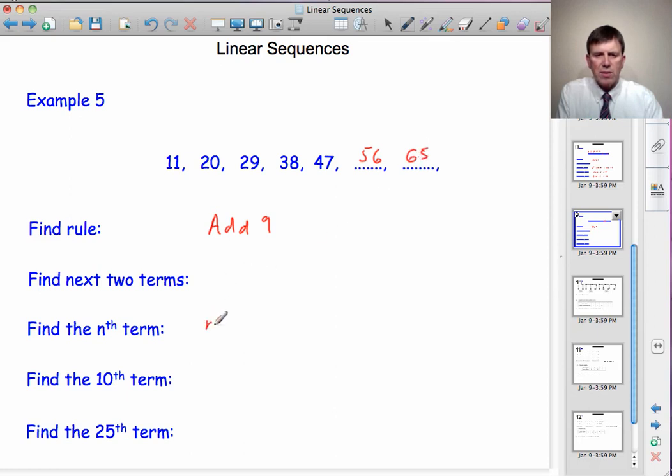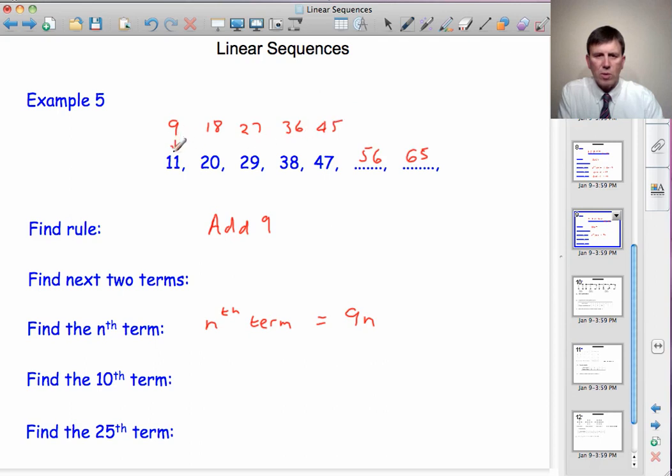Now to find the nth term. If it's going up in 9s, the nth term will have 9n in the formula to give us the 9 times table. Let's write the 9 times table here. 9, 18, 27, 36, 45.